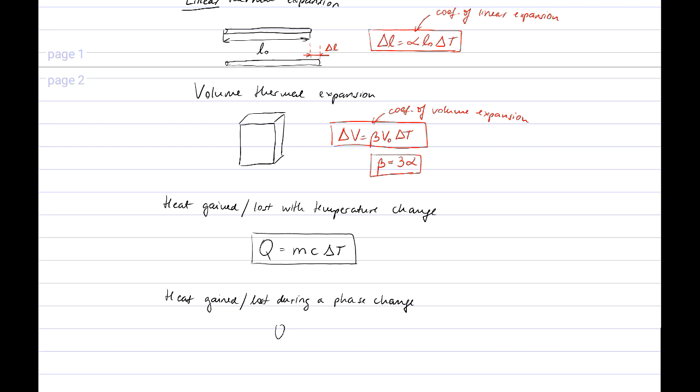And that would be Q equals m times L. So m is the mass of the substance, L is latent heat.